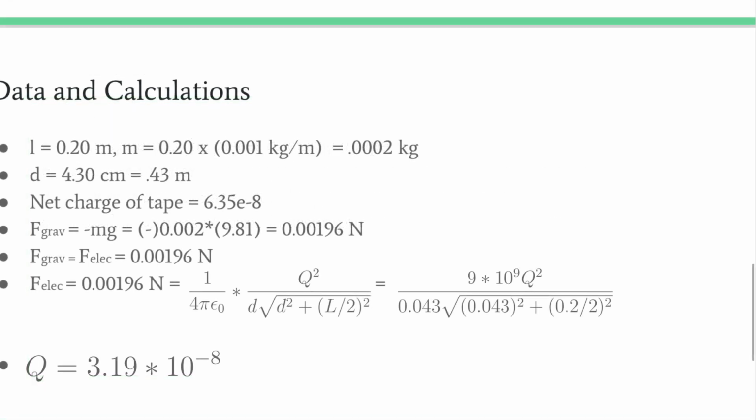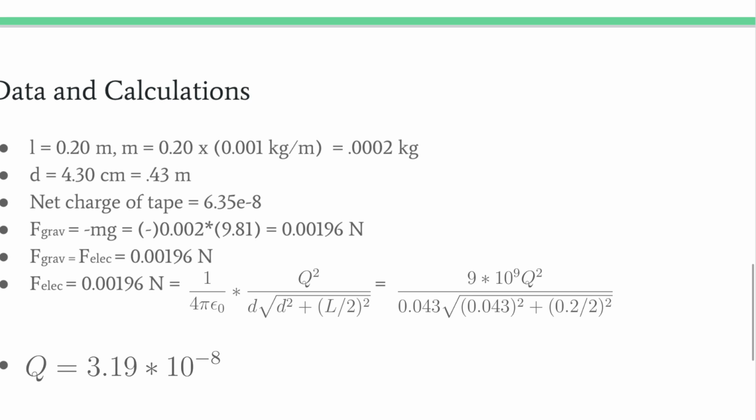For the data and calculations of this lab, we start with calculating the mass of the tape, which was 0.0002 kilograms, using the length of the tape, the distance that we calculated previously at 0.43 meters, and the net charge of the tape that we also calculated previously.